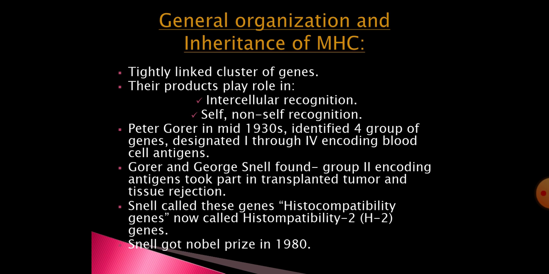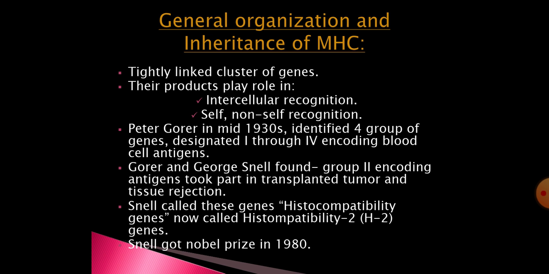In the mid 1930s, there came other scientists named Peter Gorer and George Snell. Peter Gorer found four groups of genes which were encoding blood cell antigens and designated them as 1 through 4. Later, Gorer and Snell found that the group 2 encoding antigen took part in transplanted tumor and tissue rejection.